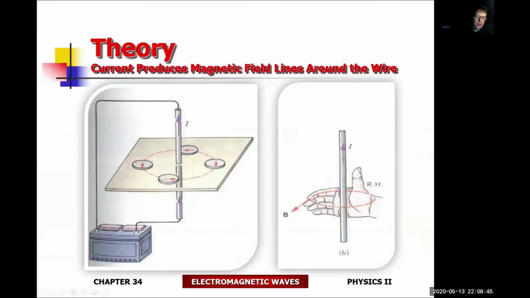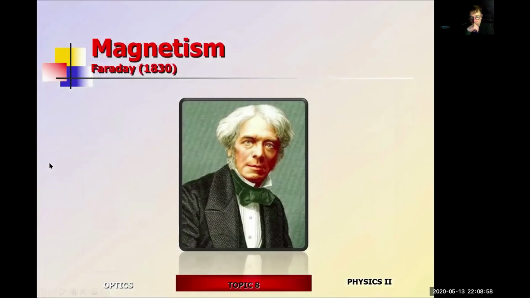If the current is going in the opposite direction, notice that the magnetic field is going to wrap itself around the current wire, and the direction of the magnetic field can be determined by using right-hand rule number 2. So this was something we discussed extensively. About 10 years later, in 1830, Maxwell discovers that by using magnets, you can generate electricity or electrical current.